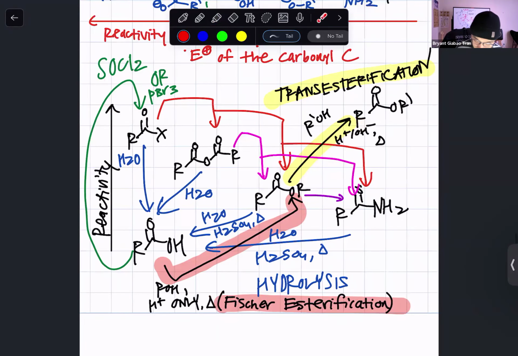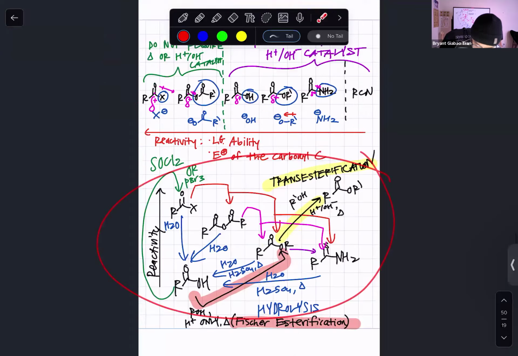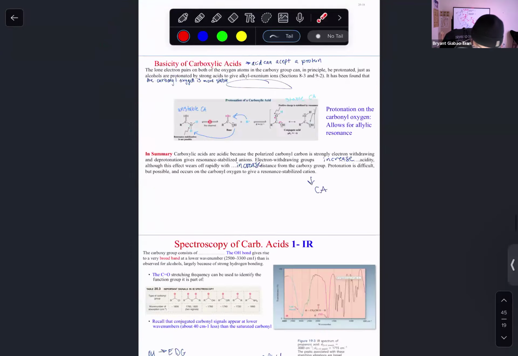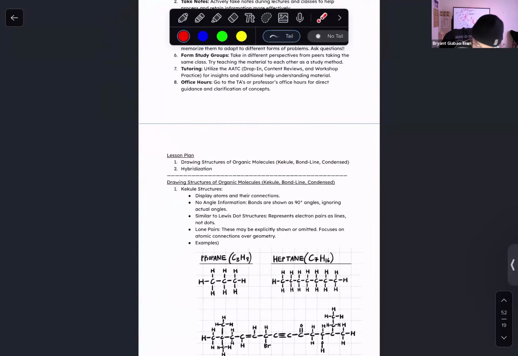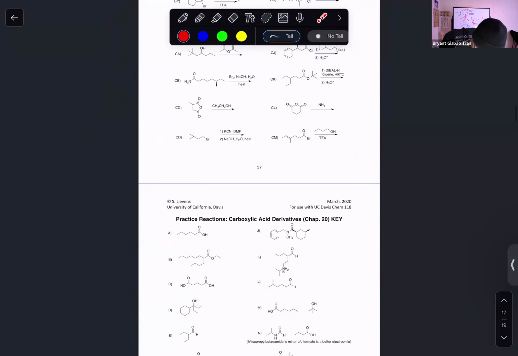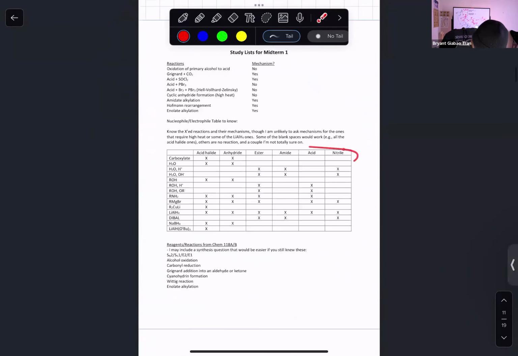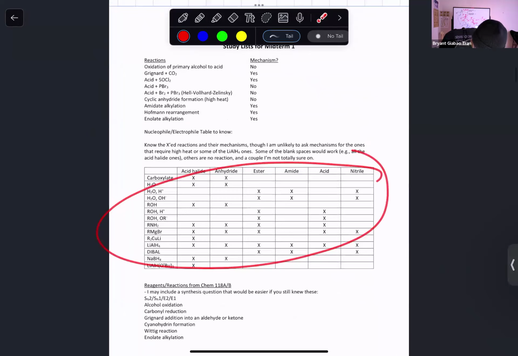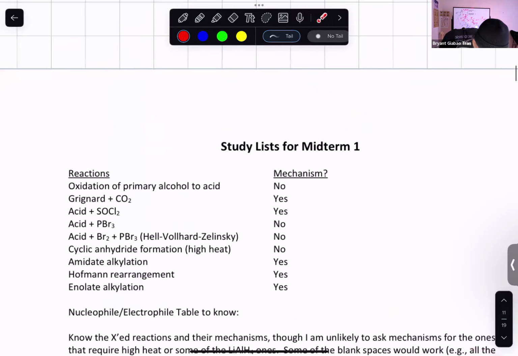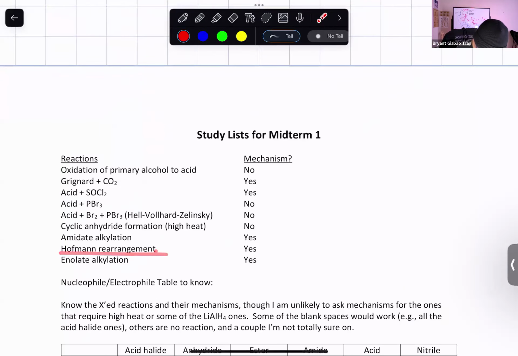So this table right here is going to be the majority of the reactions in midterm 1. Where is it? Right here. A few other ones that you might see are the Hofmann rearrangement and, what was the other one?